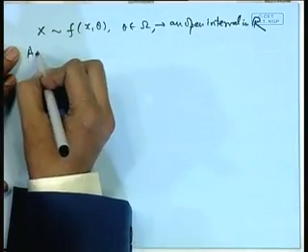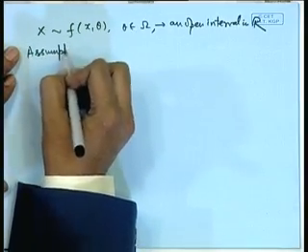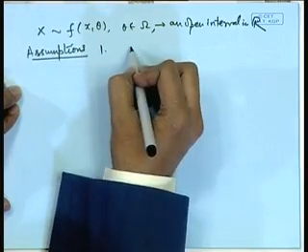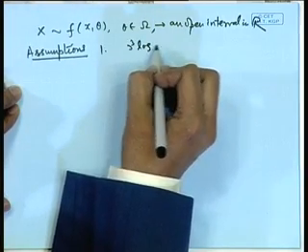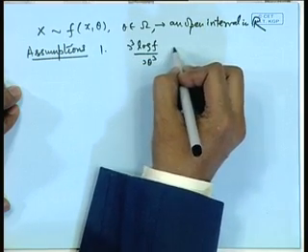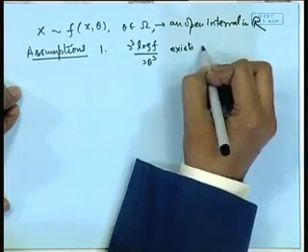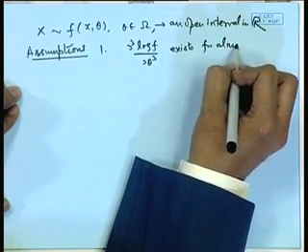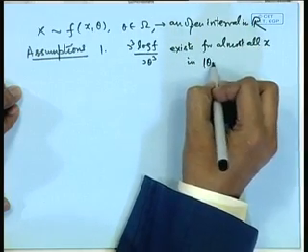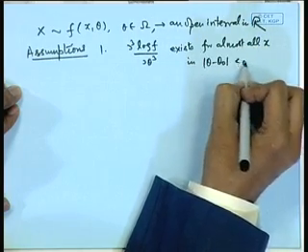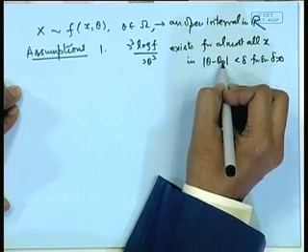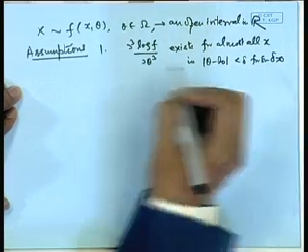The assumptions are: the third order derivative with respect to theta exists for almost all x, for some delta greater than 0. So, around some neighborhood of a point theta naught.